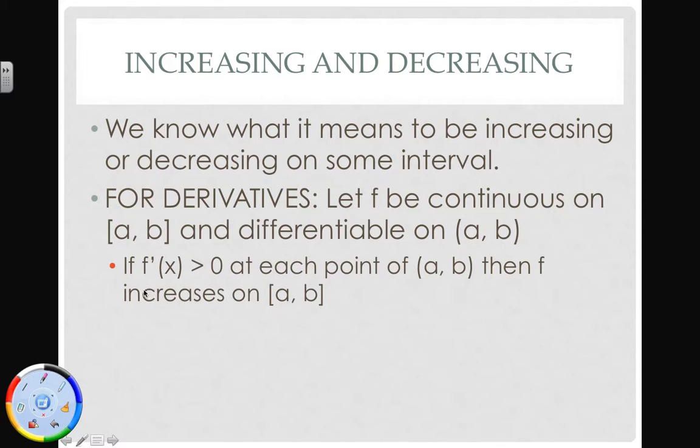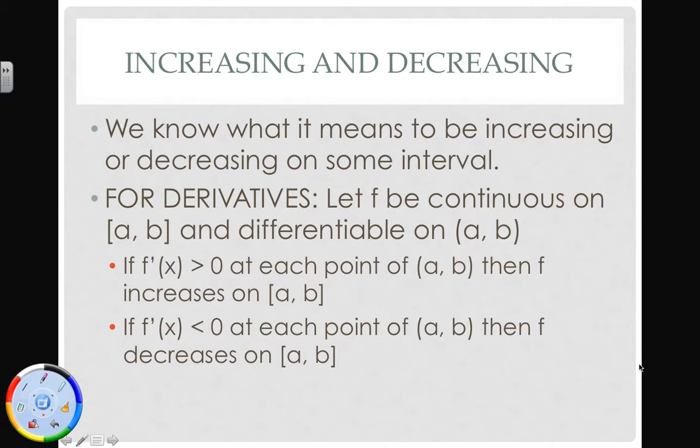So the derivative is positive, so the slope is positive and therefore increasing. And likewise, if the derivative is less than 0 at each point, then it's decreasing on the interval. And again, we've discussed this in length already, and I'm pretty sure we kind of know this as fact.